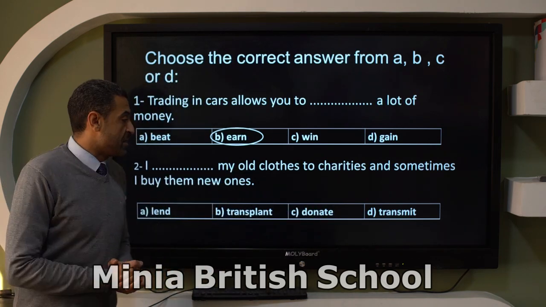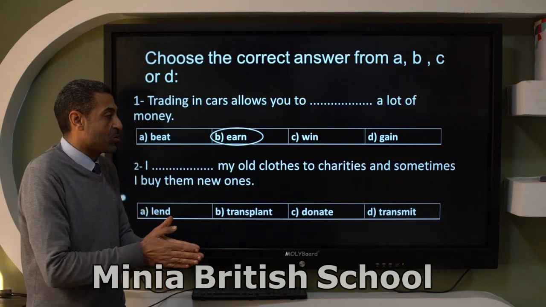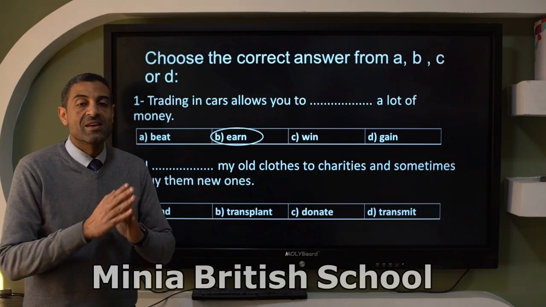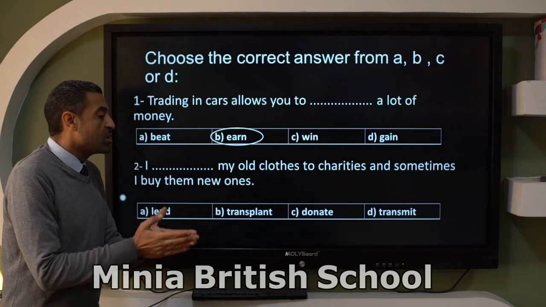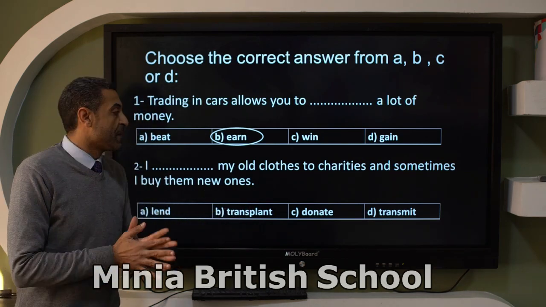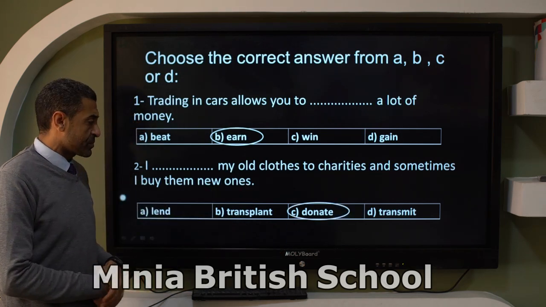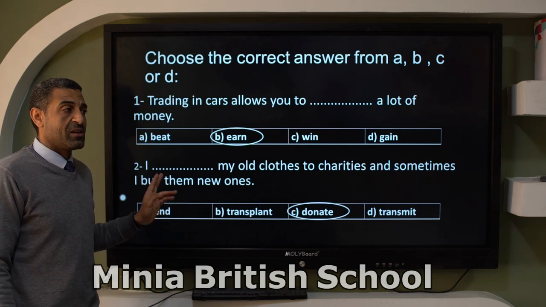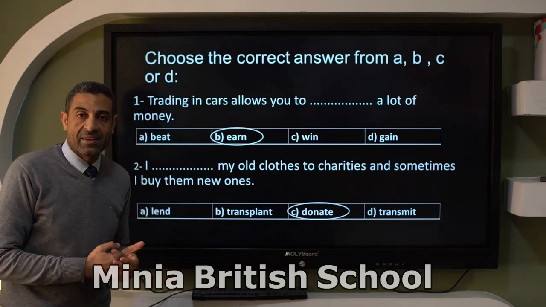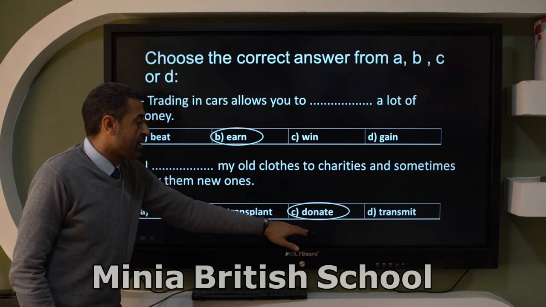When I give something to charities, my clothes or something else, it means that I donate to charities. So I donate my clothes to charities and sometimes I buy new ones. It cannot be lend, as lend means to give something to someone and wait to get it back.